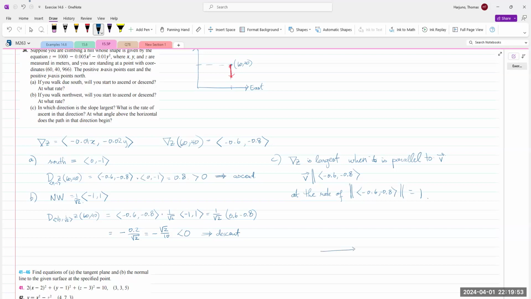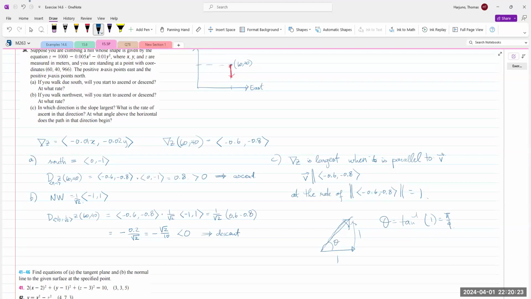This is the horizontal path, and if you go in that direction, you will also increase by 1. Then what is that angle? Well, the angle equals tangent inverse of 1, which is pi over 4.